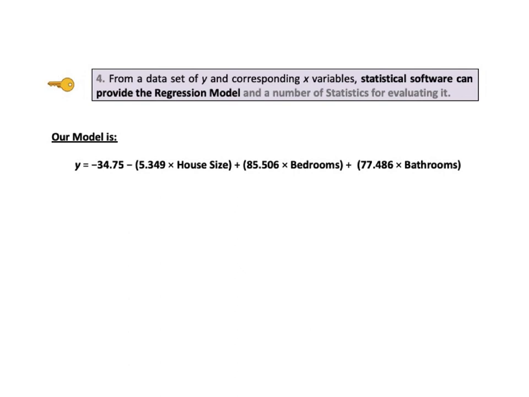Negative 34.75 is the intercept, and the three coefficients corresponding to the three x variables are negative 5.439, 85.506, and 77.486.